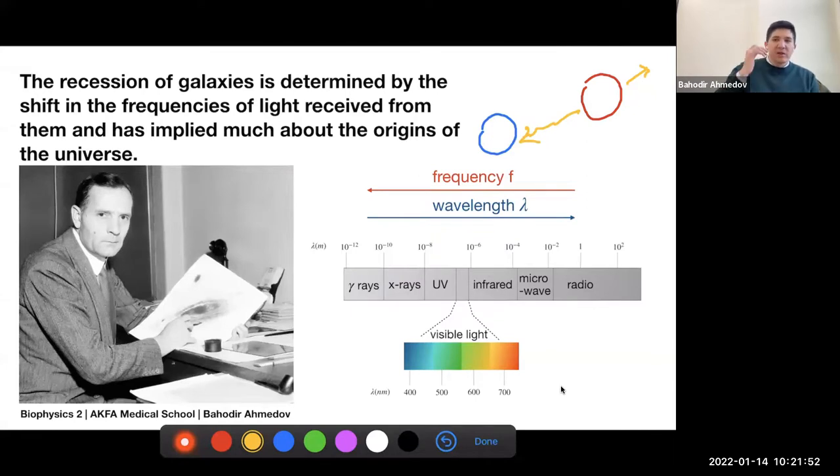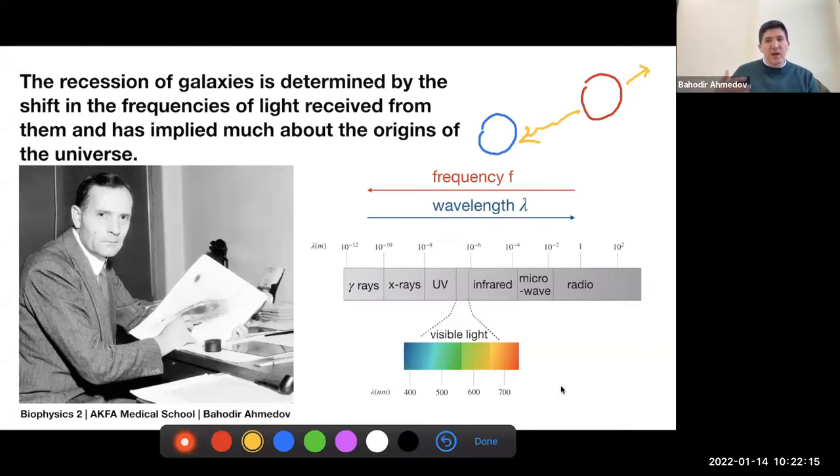Whenever the object is moving away, it gives us a red shifted frequency, because the frequency of the signal we observe is smaller than the original frequency. So he observed that the signal we get from the stars is shifted towards the red. It means that the objects are moving away.